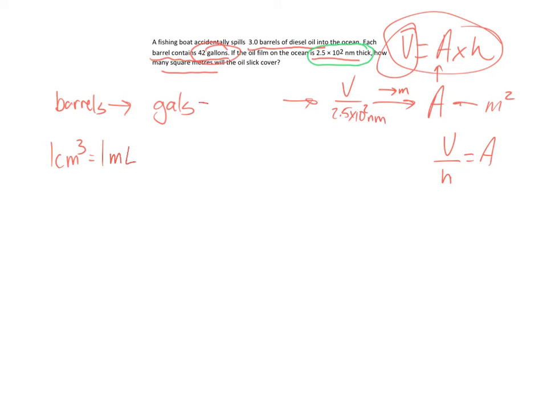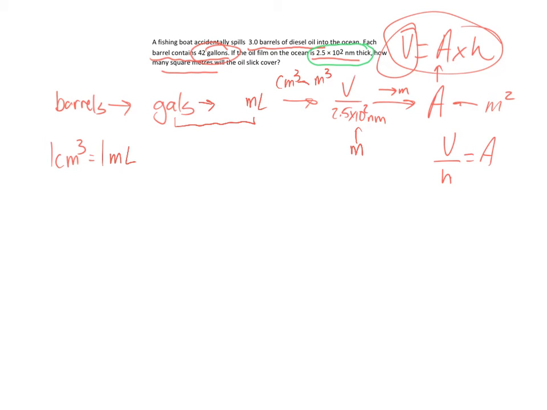So now, if I can get into milliliters, I can get into cubic centimeters, and then I can convert to meters cubed. So the last thing I need is some way to go in between gallons and milliliters.